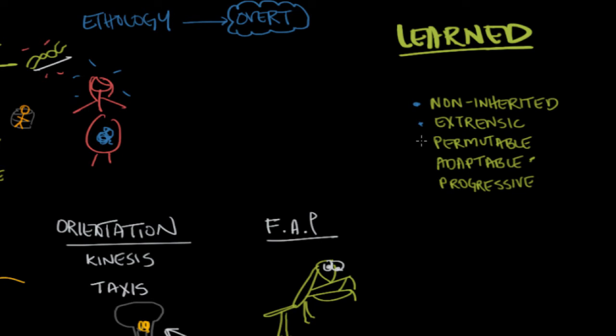Moving down the list, we have permutable. Permutable means that this is a pattern or sequence that can change over time. So you can think of this as changeable. But then we have adaptable. And I've drawn a little asterisk here with adaptable because I don't mean to say that innate traits don't contribute towards our ultimate adaptation, but this is talking specifically about the trait.